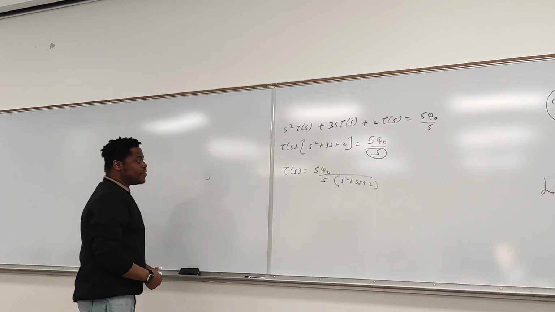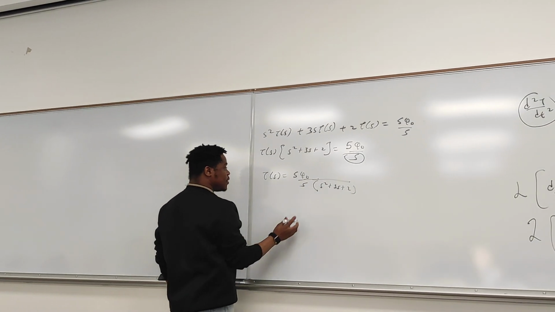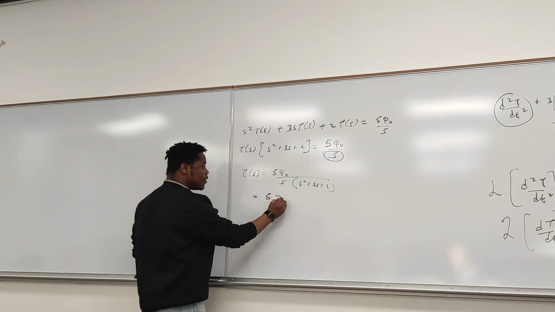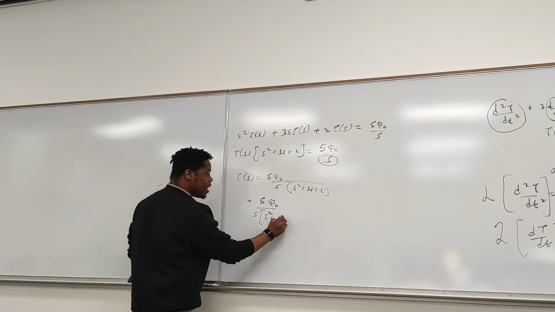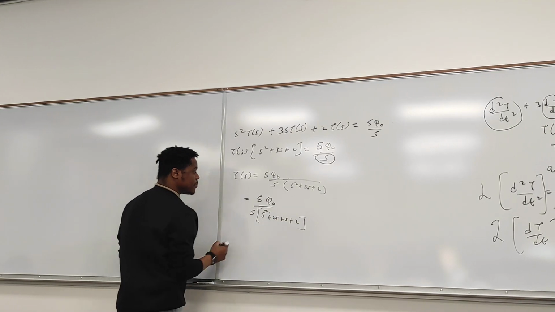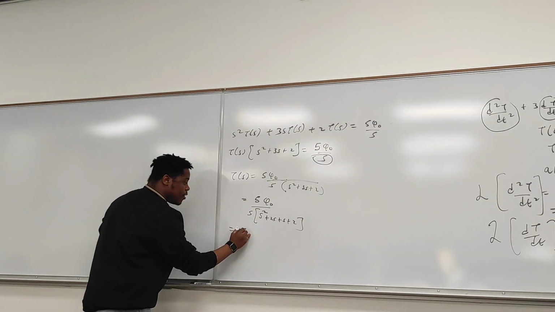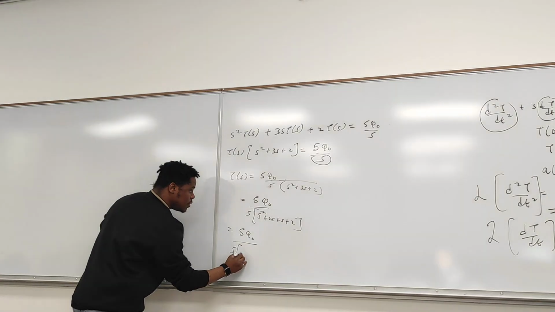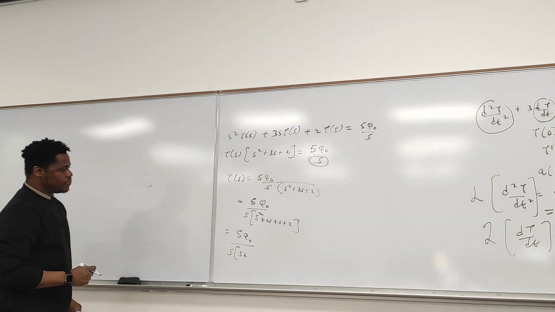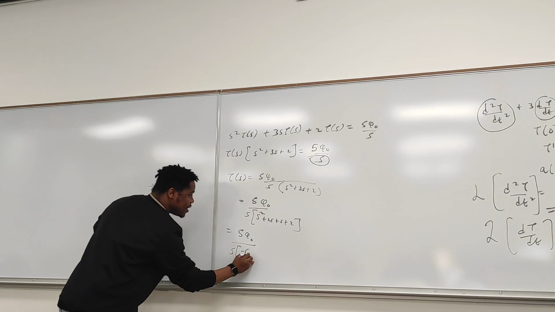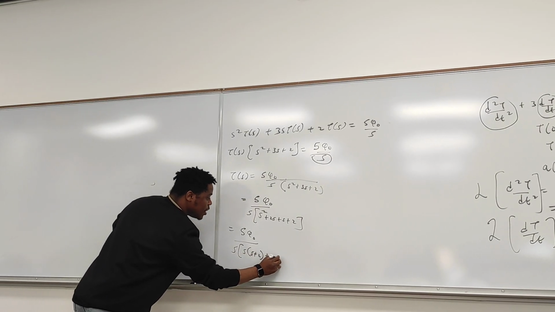Okay, now let's factorize this out. So this gives 5q naught over s into bracket, that's s squared plus 2s plus s plus 2 like this. That becomes s into bracket s plus 2 plus 1 into s plus 2.